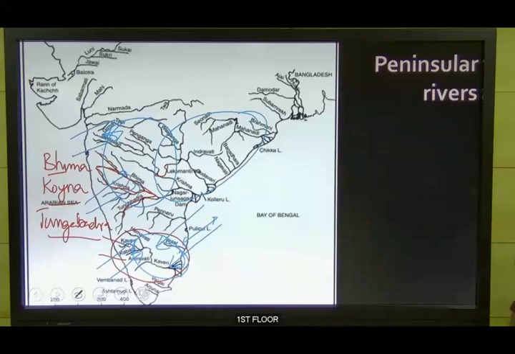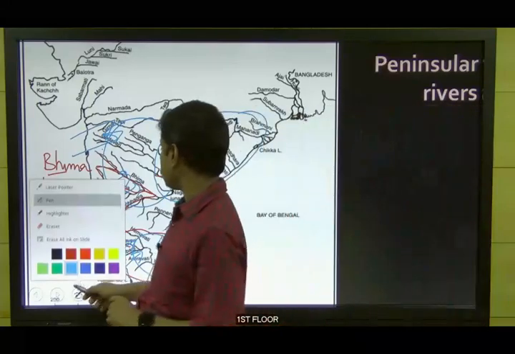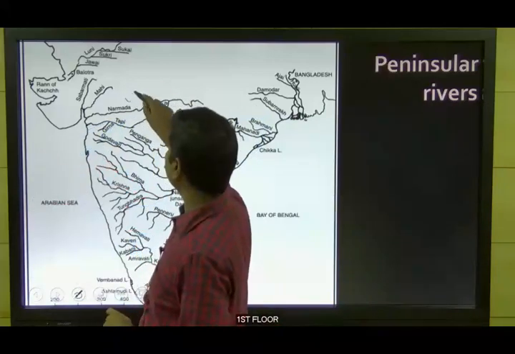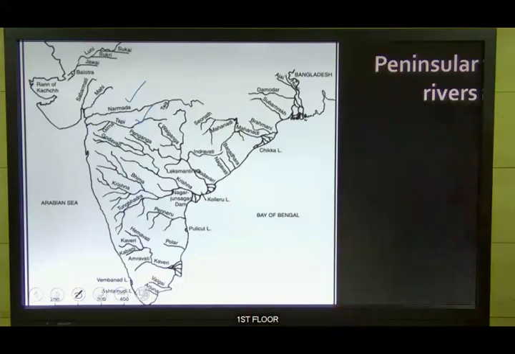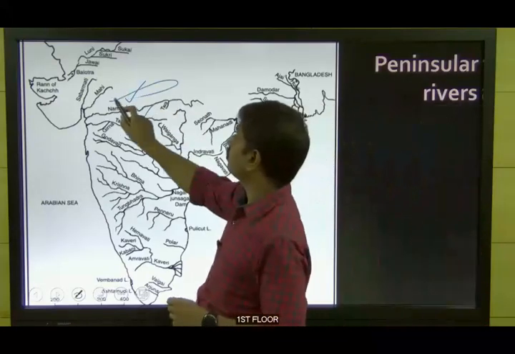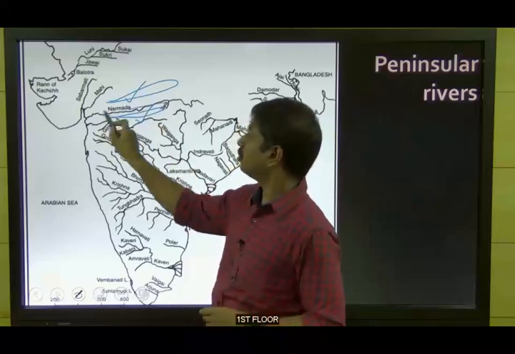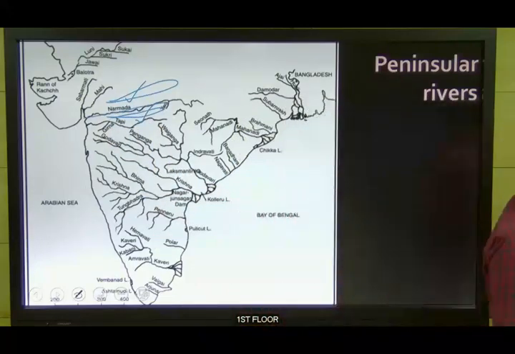And then the west flowing rivers. Two rivers are major west flowing rivers, Narmada and Tapi. Okay, Narmada, I have already told you, it originates near the Amarkantak plateau. It's a part of radial drainage, Amarkantak plateau. And it flows between Vindhya and Satpura.